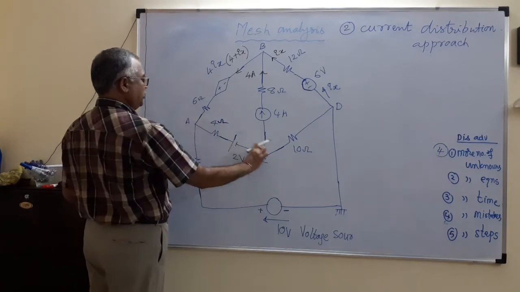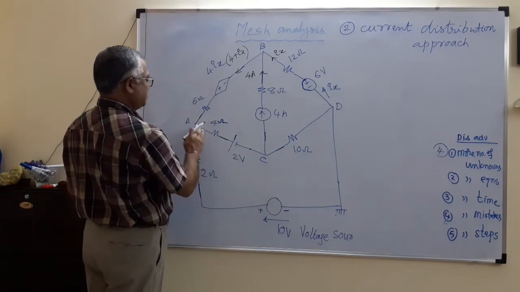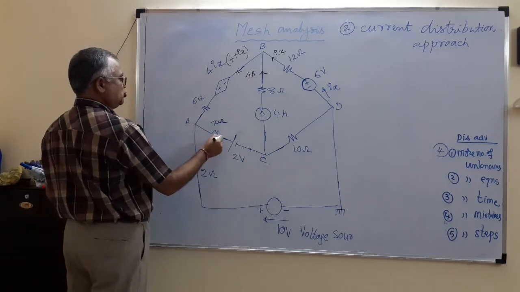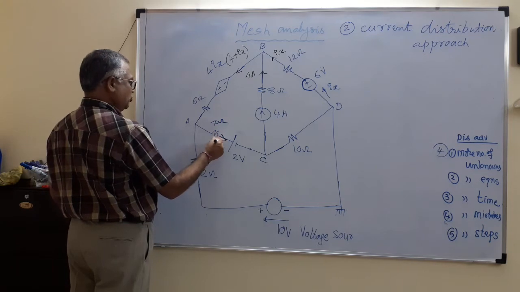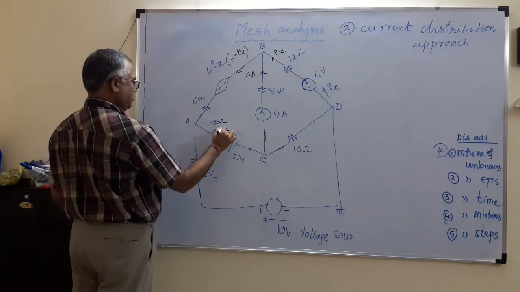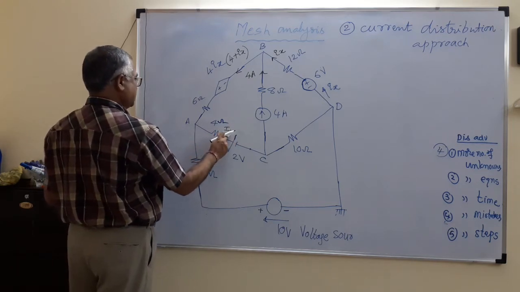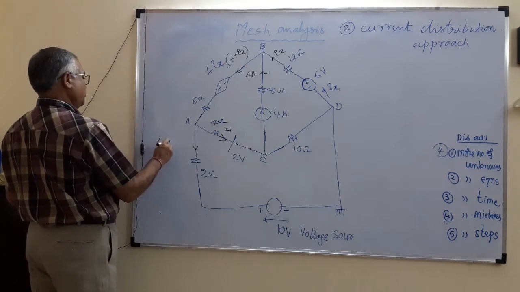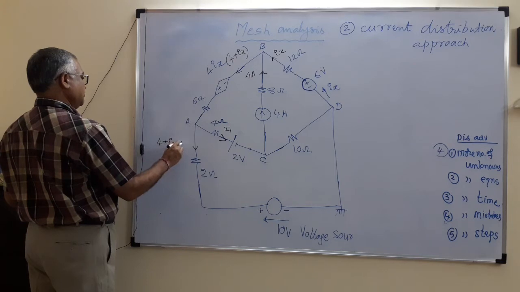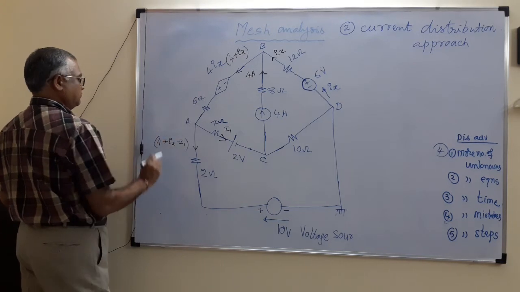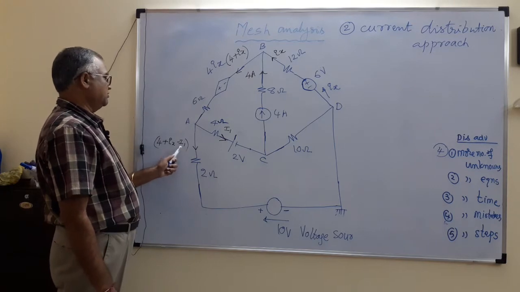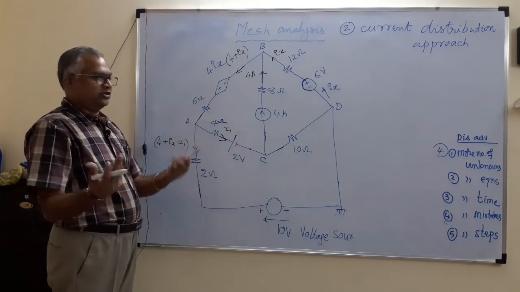Some current will flow here, some current will flow here. What is this? Don't know. What is this? Don't know. Therefore, assume some unknown. Introduce one unknown. Let us say that is I1. If this is I1, this is 4 plus Ix minus I1. You have a freedom to assume this side I1, then this will flow here, and the answer remains the same.